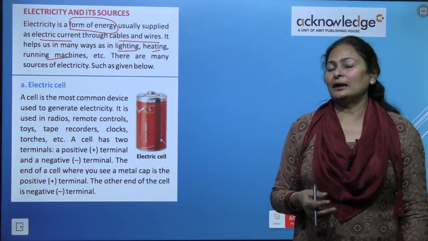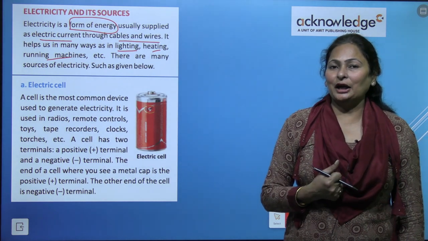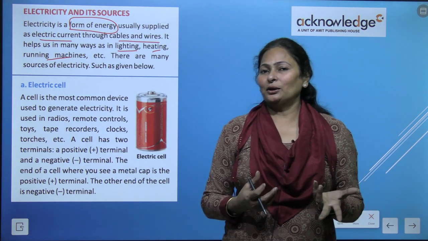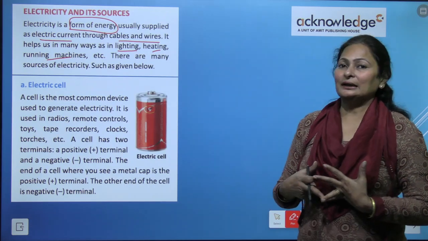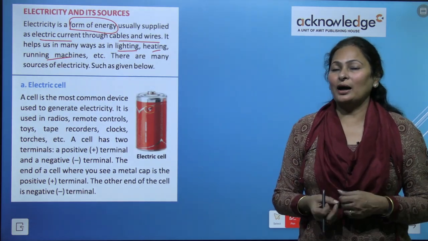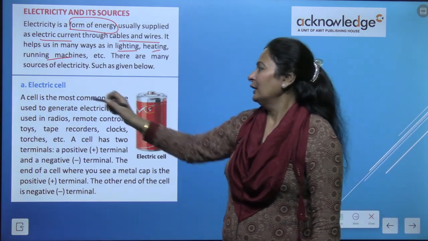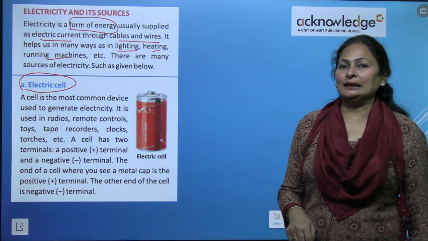So we will discuss the sources of electricity now. So we all know what the electronic appliance is, right? And how the electricity comes to our home from the power stations, right? We will discuss the electric cell, right?